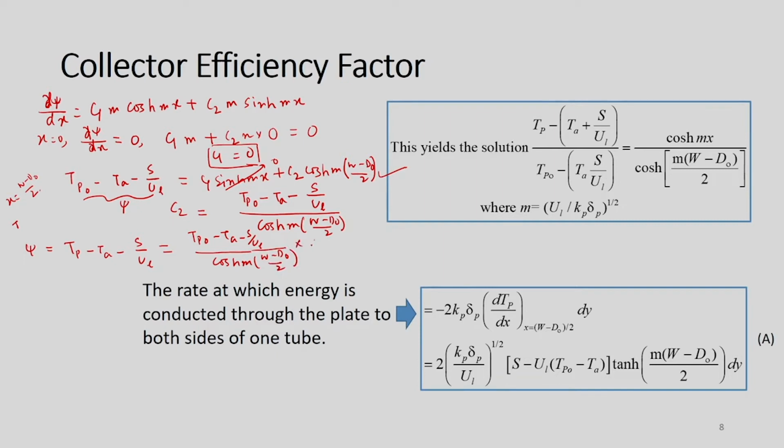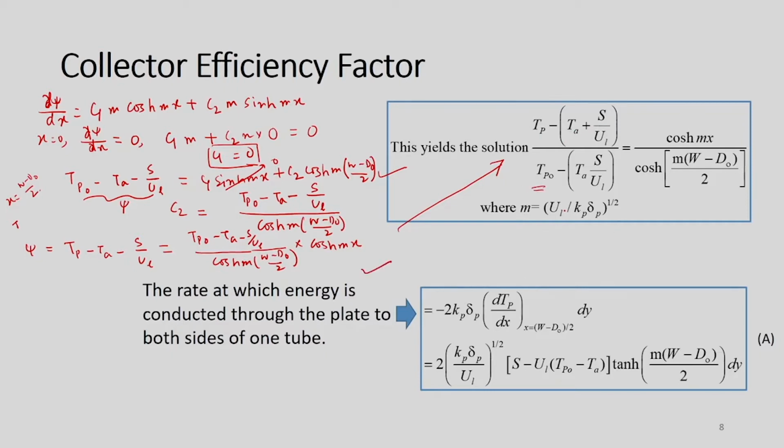So, multiplied by cosh of mx, right. So, if we divide the entire expression by this Tpo minus Ta minus S by UL, then what we will get is the yield of the solution. So, this will be something like this, Tp minus Ta. So, we can just modify the expression. So, this will be something like this.